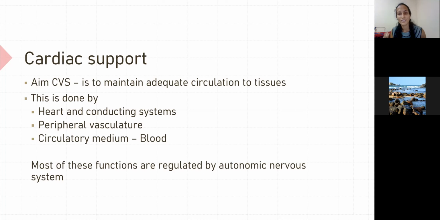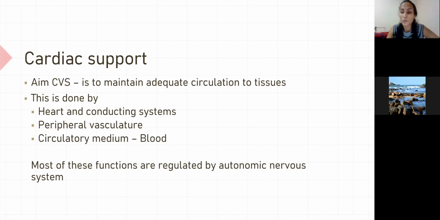So you can increase the circulation to the important tissues, like when you want to run, it will direct all your blood to the muscle tissue by increasing your blood pressure. If we can control the autonomic nervous system, we can control your heart, conducting system and peripheral vasculature as well.